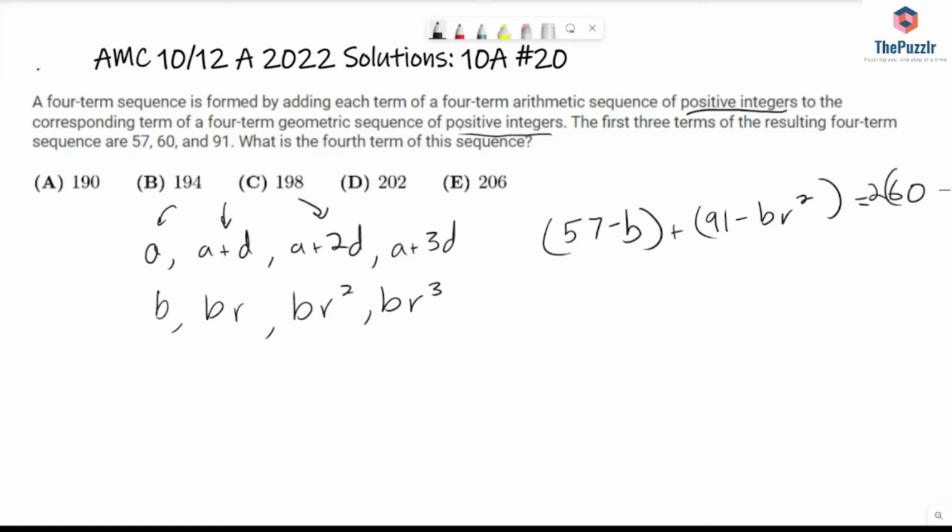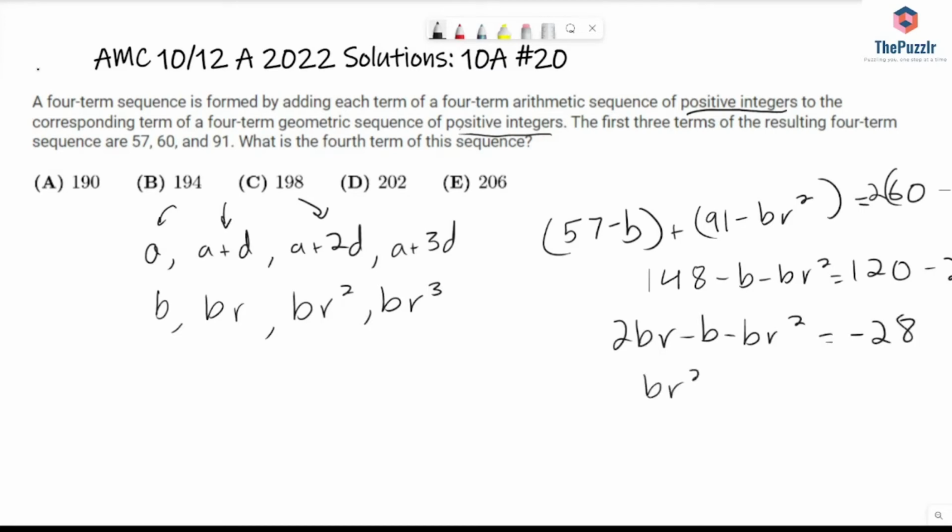So now let's expand this. We have 57 plus 91 is 148 minus b minus br squared equals 120 minus 2br. Bringing terms to the same side, we get that 2br minus b minus br squared equals negative 28.